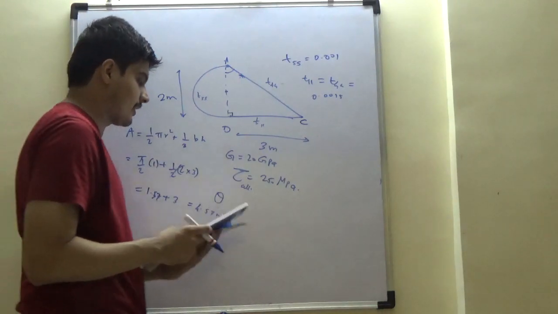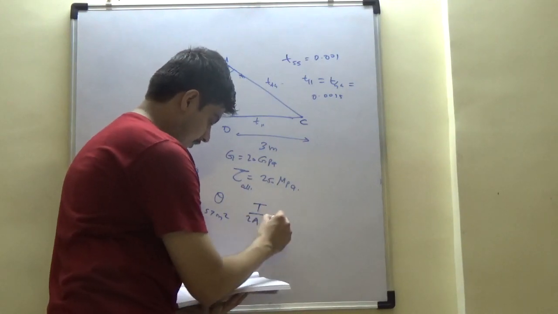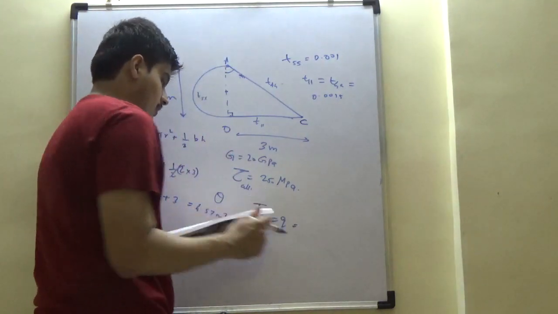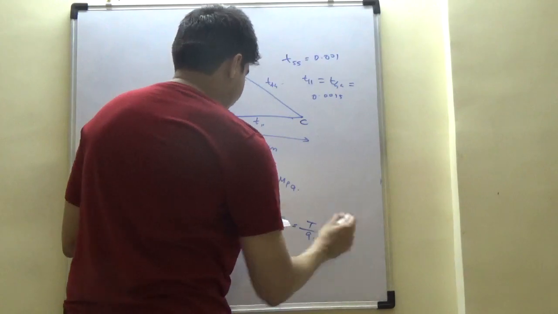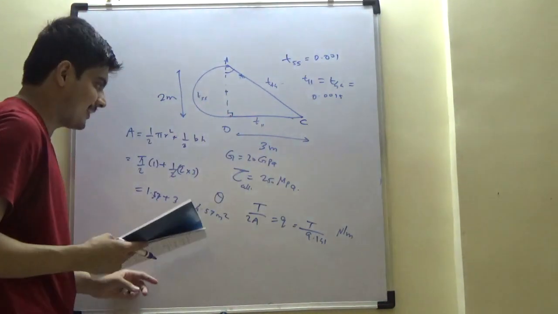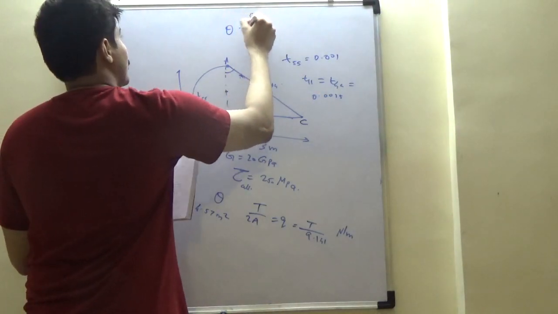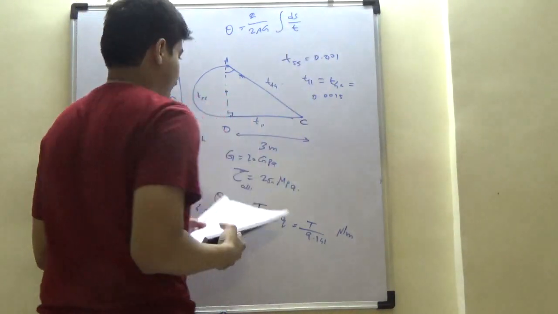See how quickly I did this calculation. Now T upon 2A is going to be q, which is T upon 9.141 Newton meter. If this is torque T, theta is nothing but q upon 2AG times the integral of ds upon t.